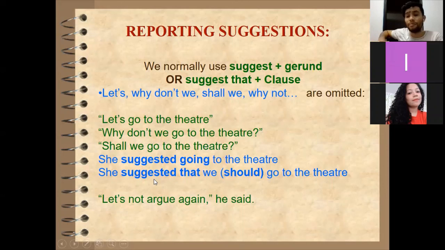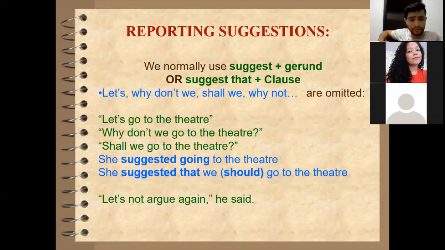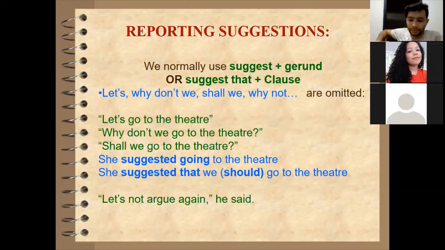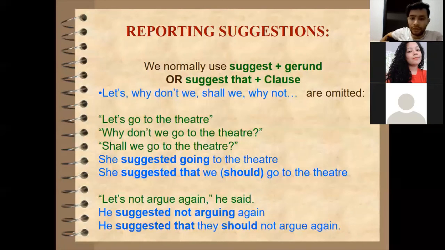¿Cómo sería la segunda forma? He suggested that we shouldn't argue again. All right. Eso en el caso de should, ¿cierto? Y si no usáramos should. Si no usáramos should, ¿cómo sería?